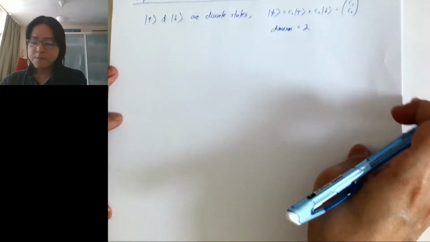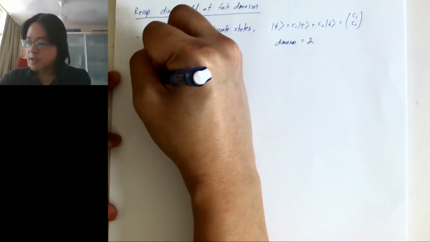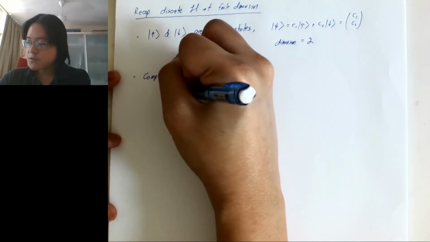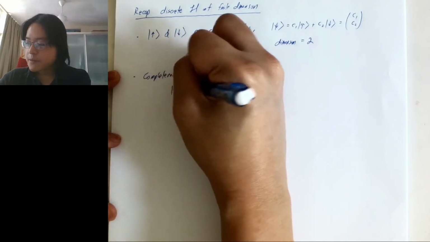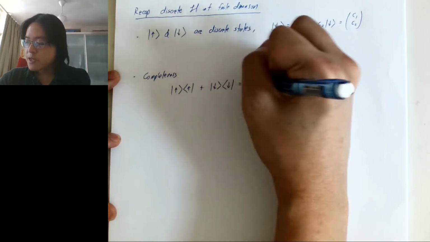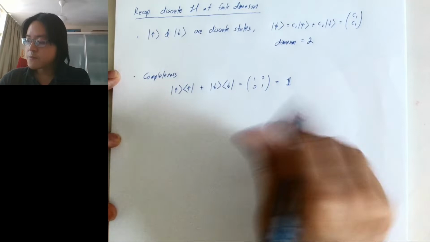And then what else did we have? We had the completeness relation, right? Which is to say that if I do the ket-bra for up-up and down-down, you will get the identity matrix, right? I'll just write this.